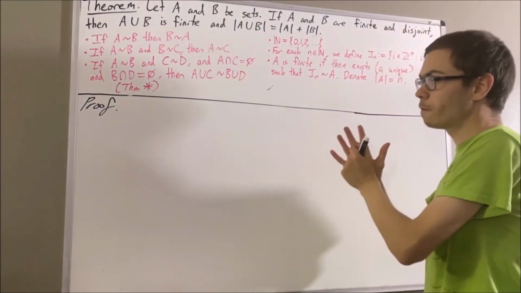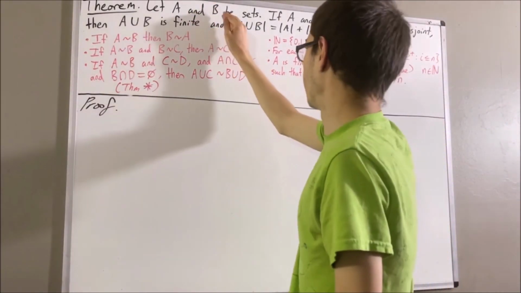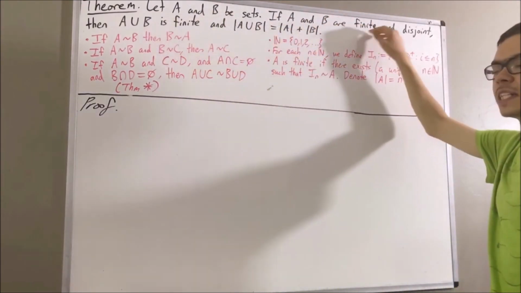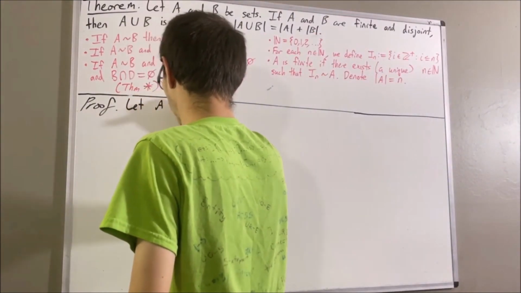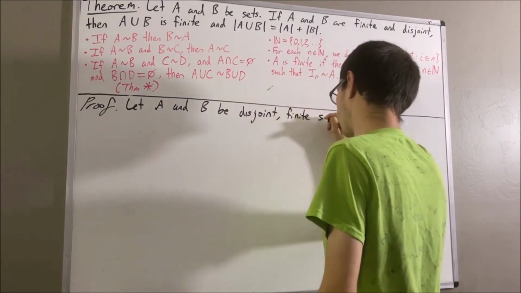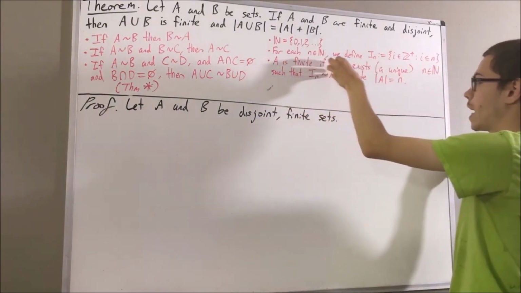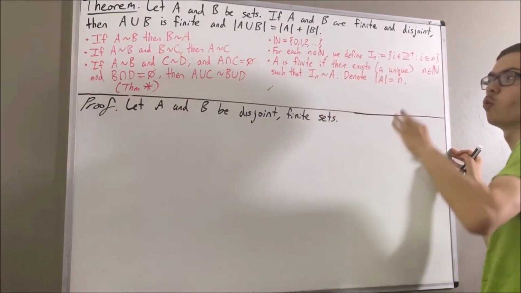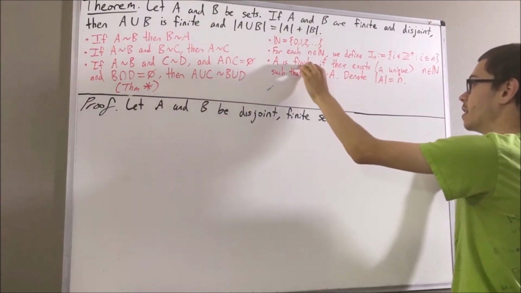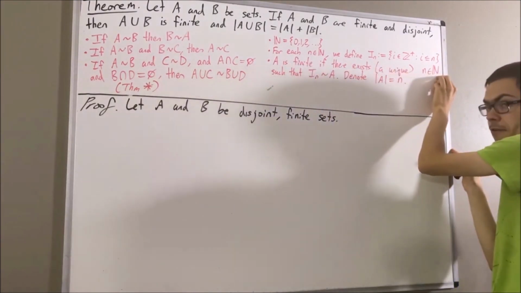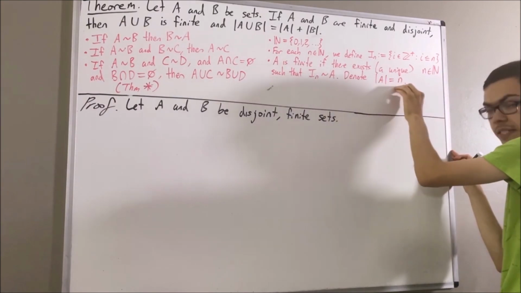To start out our proof, let's give ourselves two sets A and B, where A and B are finite and disjoint. Now, based on what we have written here about finite sets, we know that every finite set is assigned to a unique natural number n, which we denote symbolically like this.